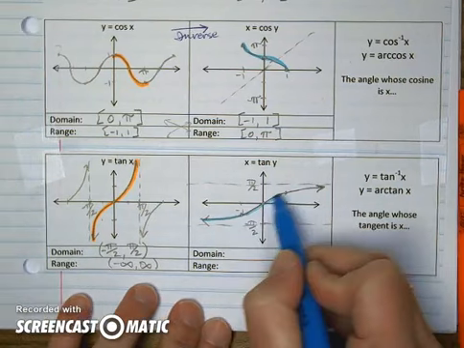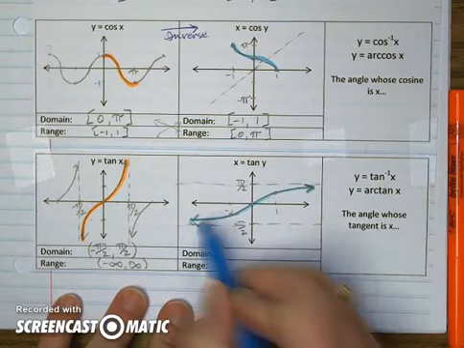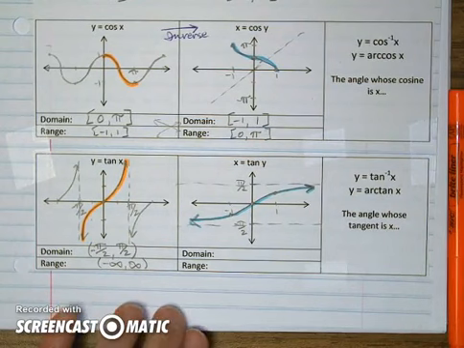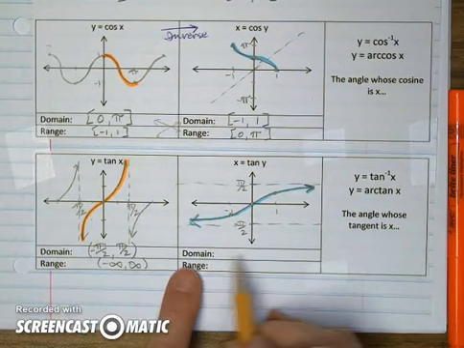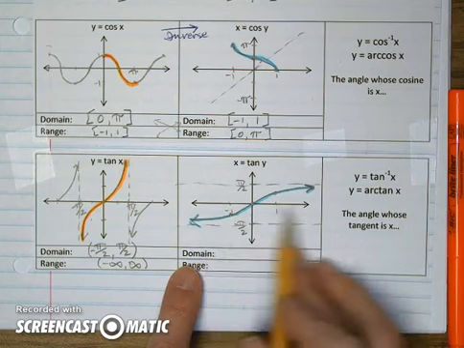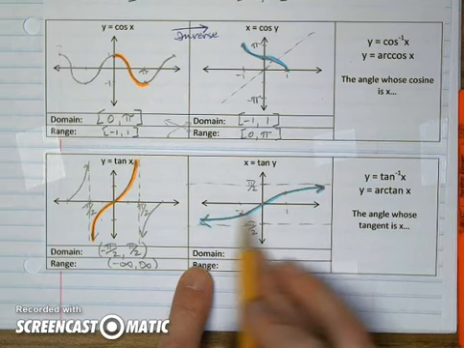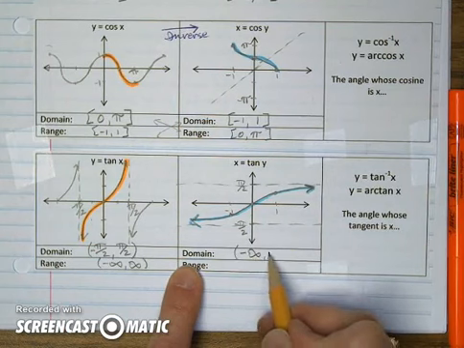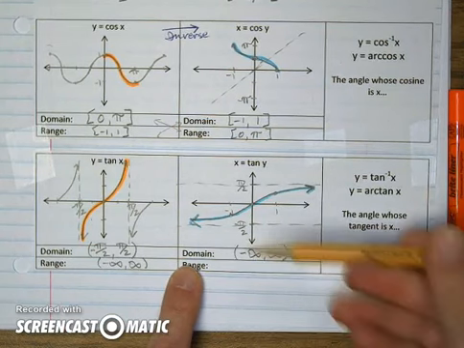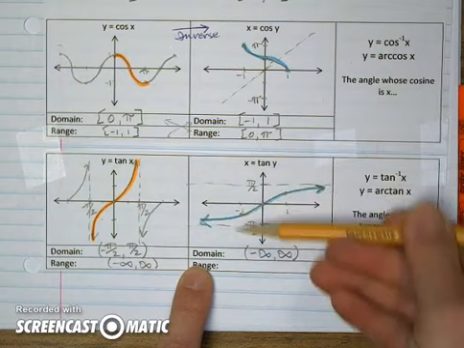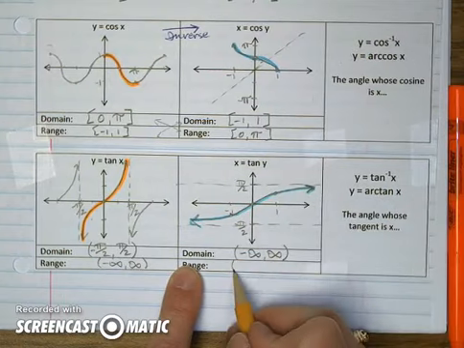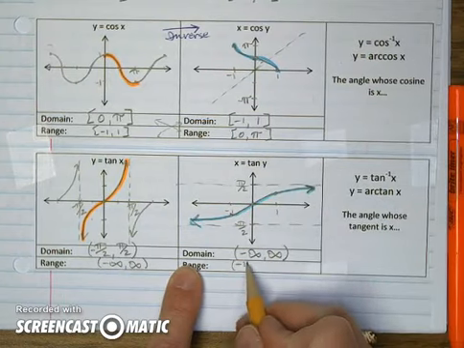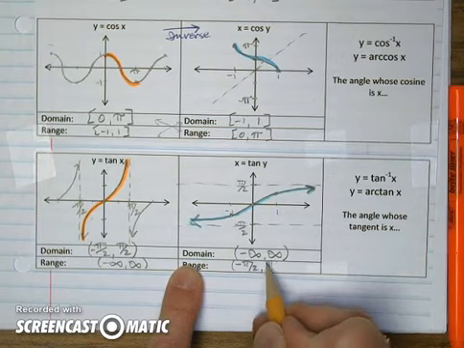Let's graph that. Now let's talk about what that means in terms of the domain. The domain here, your x values, once you have the inverse for the tangent, they can be anything, right? But the range values are now restricted between negative pi over 2 and pi over 2, and it can't equal them, so you have parentheses.